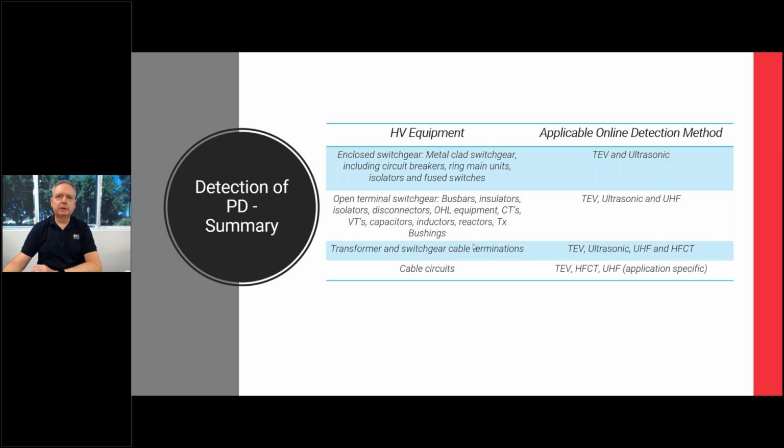For transformer and switchgear cable terminations, we will apply all the different types of techniques in order to figure out where exactly things are coming from. Cable circuits again use the TEV, and we use the HFCT and UHF at times to see if it's local. Ultrasonic becomes less of an issue when we're detecting things happening inside a cable itself, because we haven't got any air path in that particular instance.